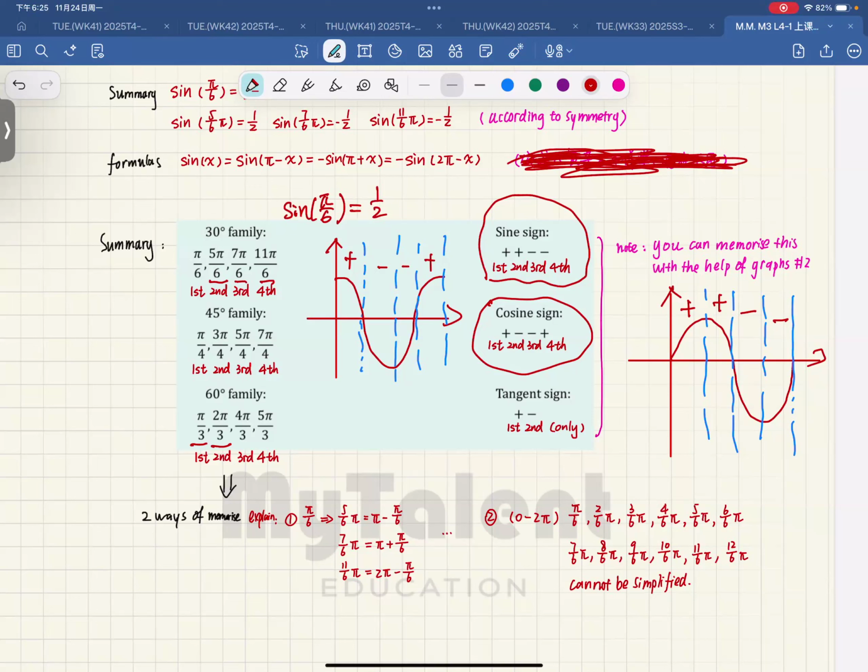Different x but same y value. Different x but same y value. That's negative y. That's how we get that table.